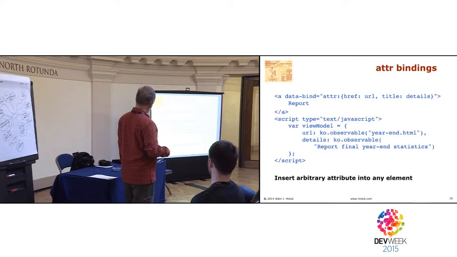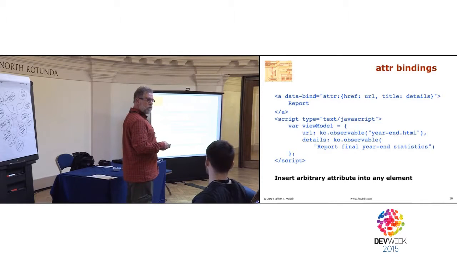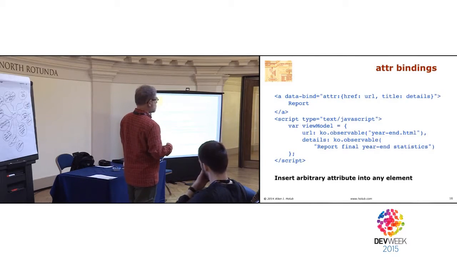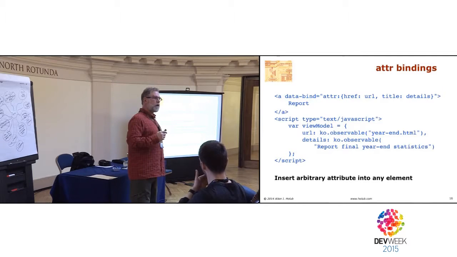And given that this anchor element could appear in 6 places on the page, that's pretty convenient. Is everyone with me here? This is working with the href and title attributes, but you can use this with any attribute on any element.